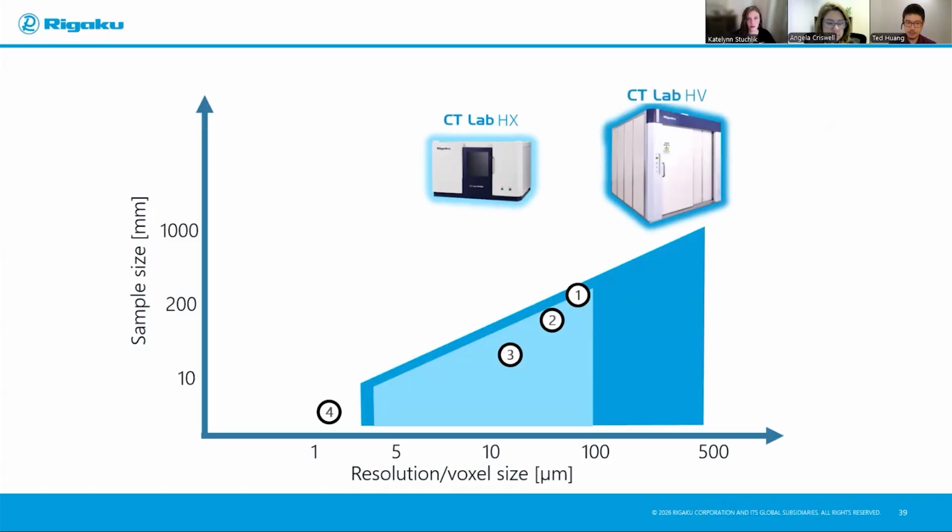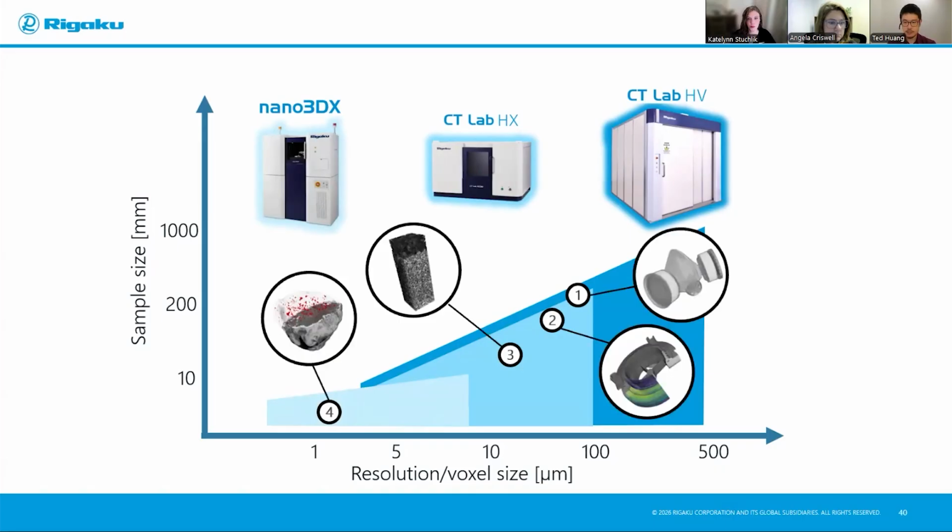It covers a lot more sample size range and a similar resolution range, a little bit better at the tail end. And for the particle I was scanning, I used a 3DX, the parallel beam system, where it occupies around this area. I also just remind you what those samples are and where they sit.